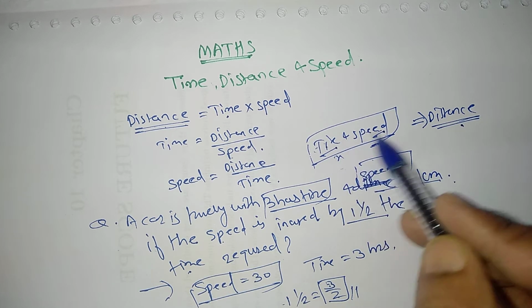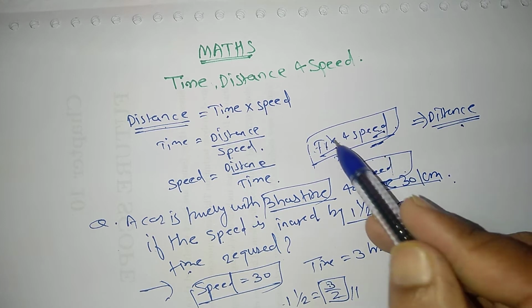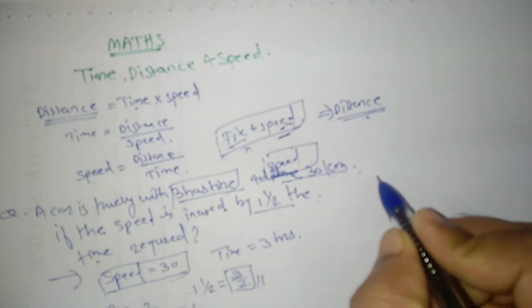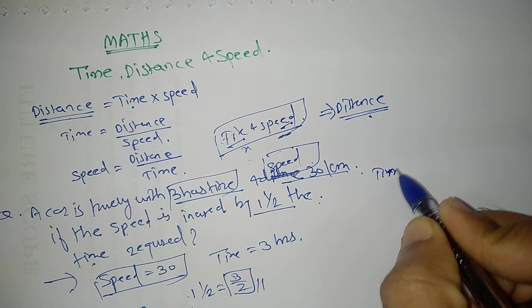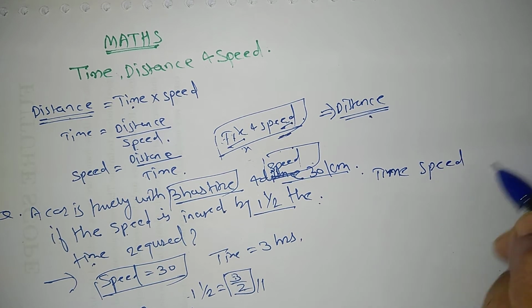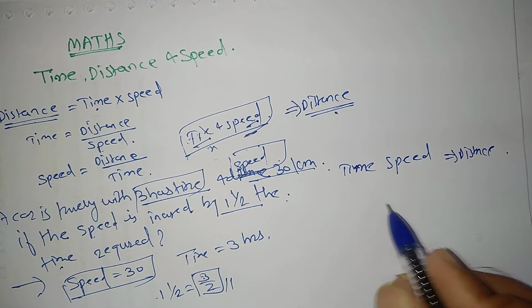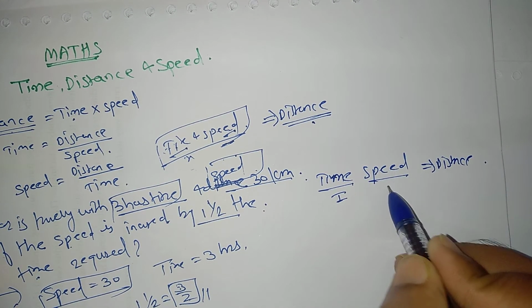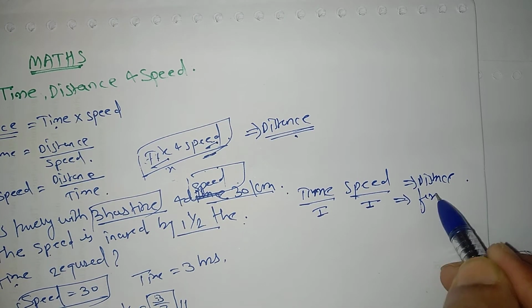They will give you both entities, and one of the entities will increase or decrease, and you have to find out the other. We'll see what type of problems there will be. Something like time, speed, distance is the same. In the first iteration they will give time, second is speed, distance is fixed.